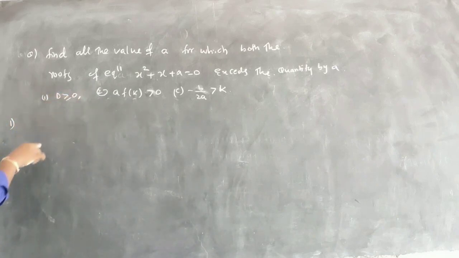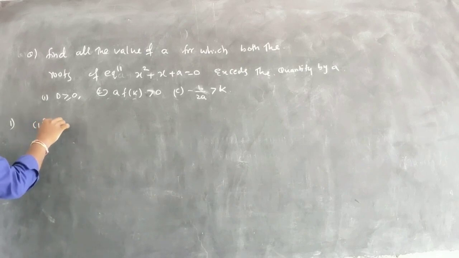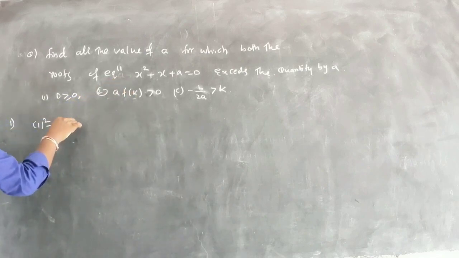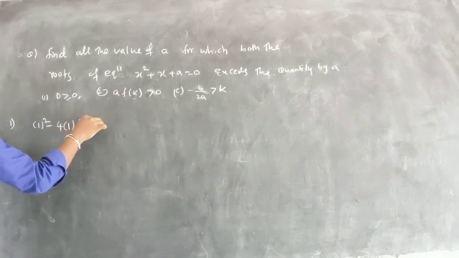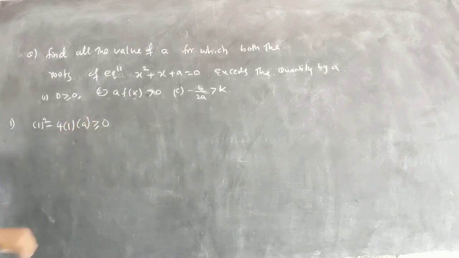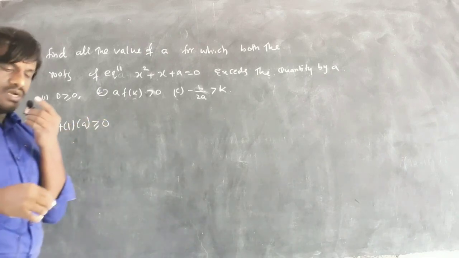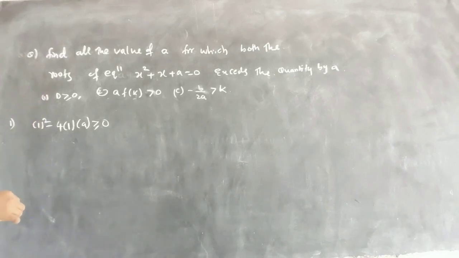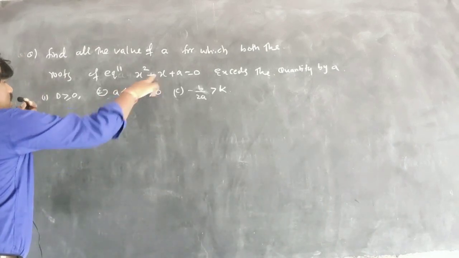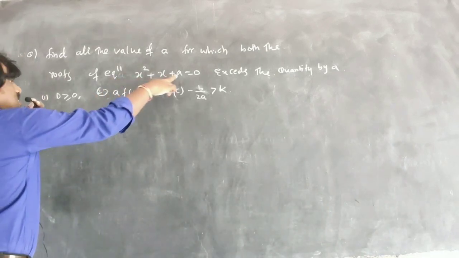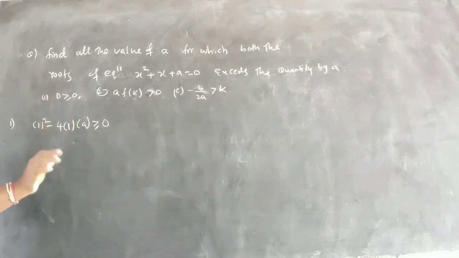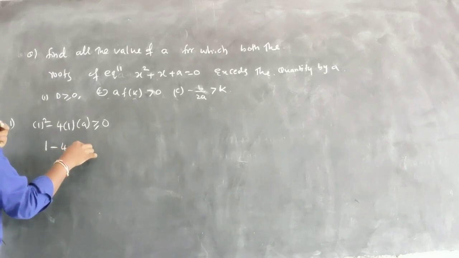D greater than or equal to 0, that is b square minus 4ac, that is 1 square minus 4 into a into c, greater than or equal to 0. What I am applying right now is b square minus 4ac greater than or equal to 0. This is the first condition. So what I am going to get here, 1 minus 4a greater than or equal to 0.